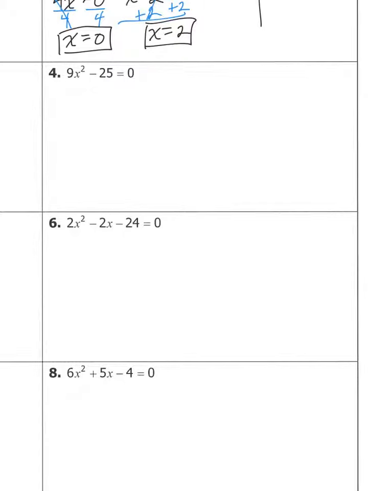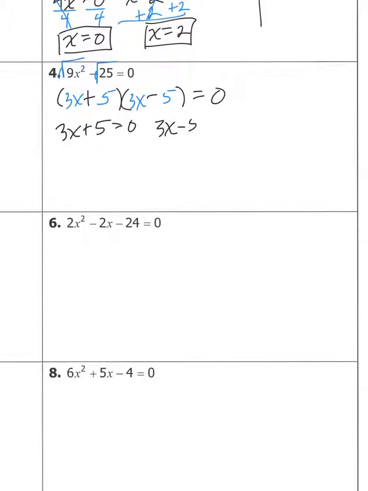All right, so number 4 is also the difference of two perfect squares. So it gets that plus minus pattern. The square root of 9x squared is 3x. And the square root of 25 is 5. So when you set these equal to 0, the solution's a little trickier, but not all that much. So we're going to subtract 5.